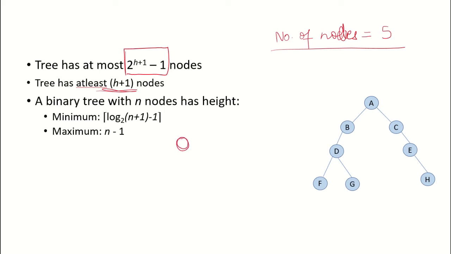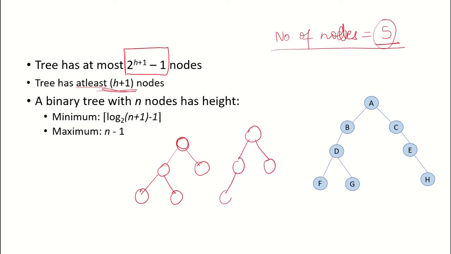So if we see that there are 5 nodes, let us try to fill this tree completely over here and let us have the maximum number of nodes that can be possible at each level. So this is one way of having a tree with 5 nodes. And this is another way of having a tree with 5 nodes.